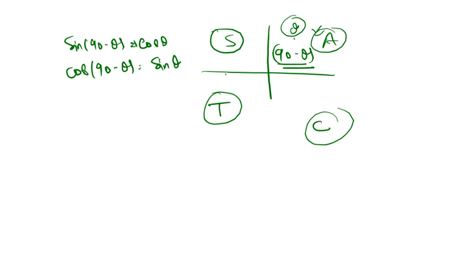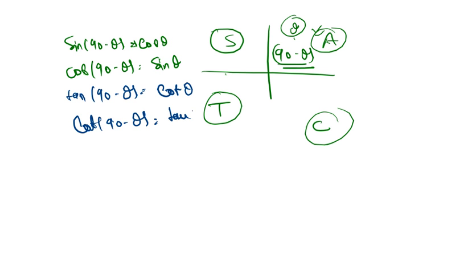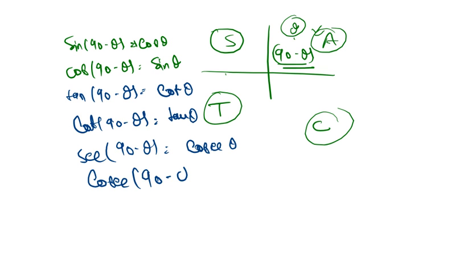Similarly, tan of 90 minus theta becomes cot theta, and cot of 90 minus theta becomes tan theta. And sec of 90 minus theta becomes cosec theta, or cosec of 90 minus theta becomes sec theta.